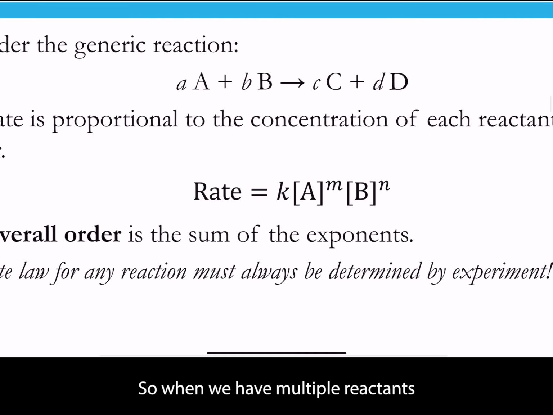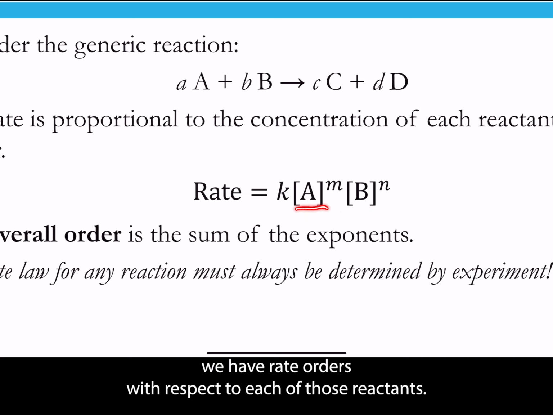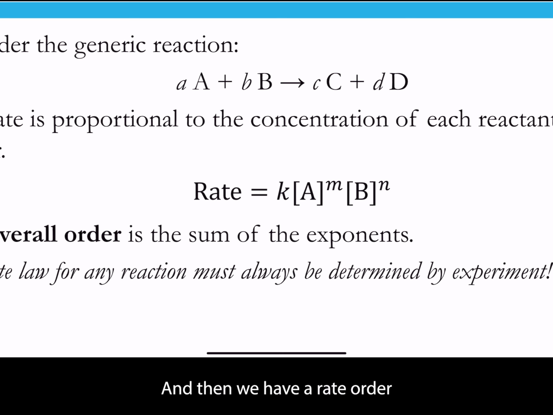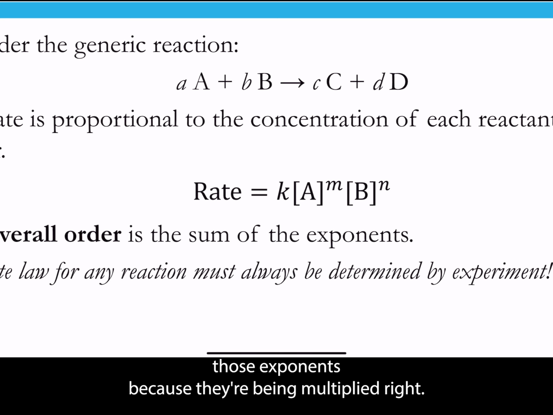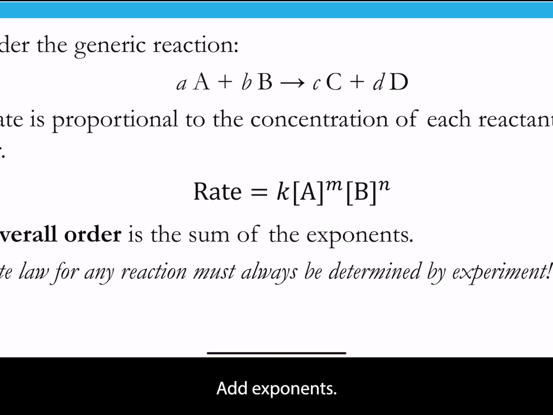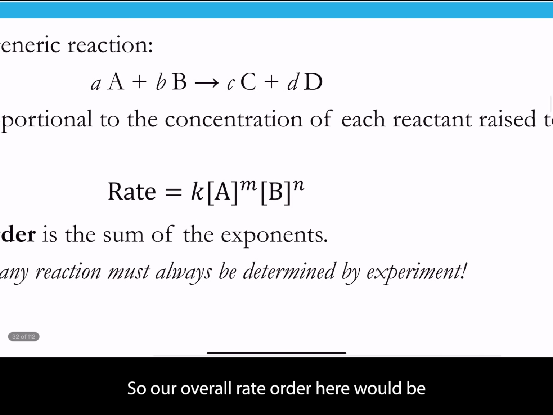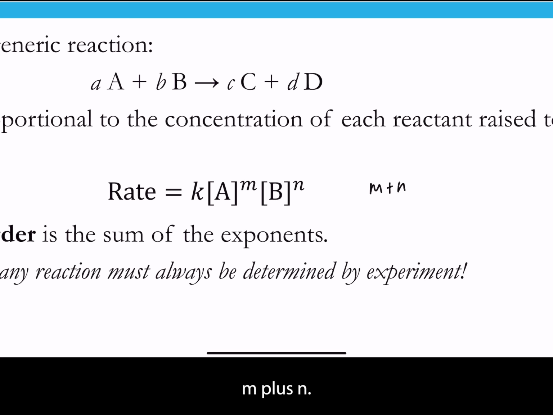So when we have multiple reactants that affect the rate of the reaction, we have rate orders with respect to each of those reactants, and then we have a rate order with respect to the overall reaction, which is where you just add up those exponents. Because they're being multiplied, right, add exponents. So our overall rate order here would be m plus n.